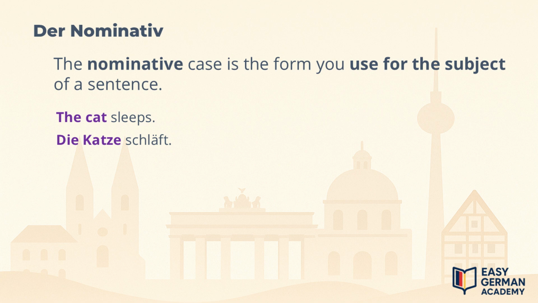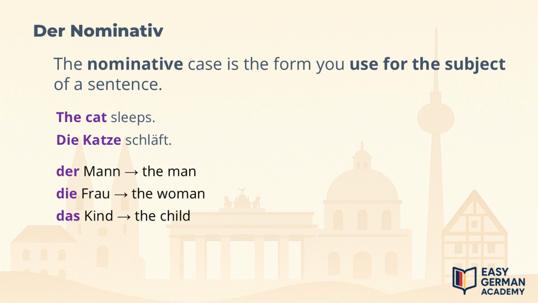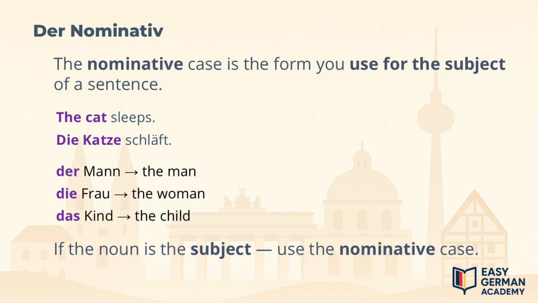When you learn a German noun, the form you see in the dictionary is always the nominative. So when you see der Mann, the man, die Frau, the woman, das Kind, the child, that's the nominative form. And that's what you use when the noun is the doer of the action. In short, if the noun is the subject, the one doing something, use the nominative case.